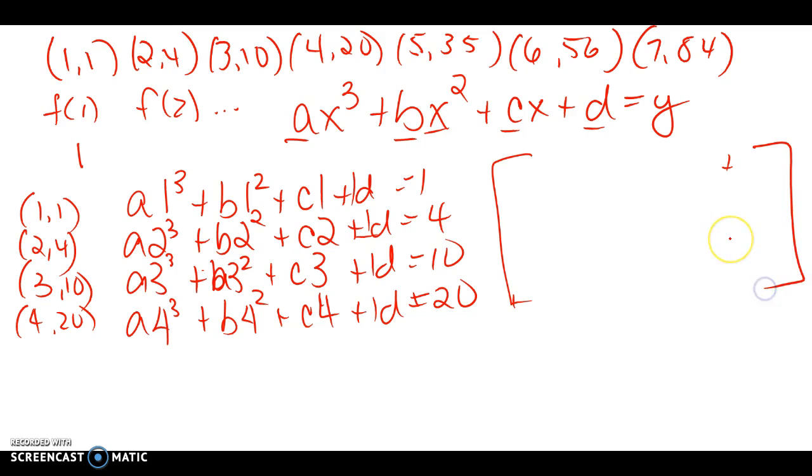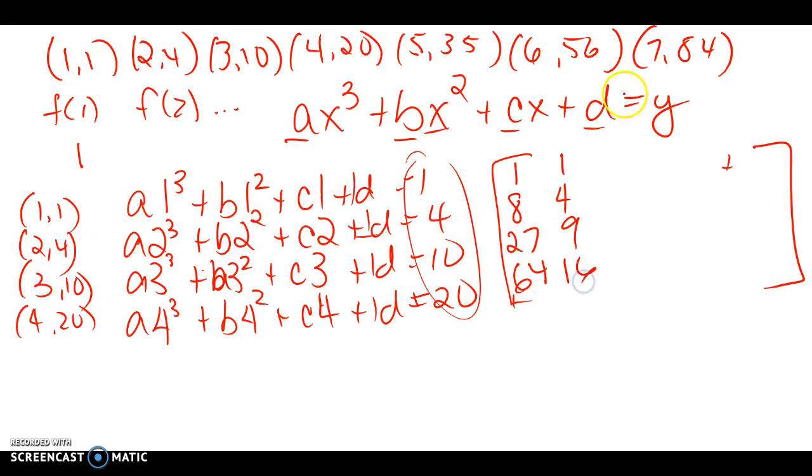So this matrix we write is the coefficient matrix plus the column of answers, right? So we have 1, 8, 27, 4 times 4 times 4, 64. Now the squared column: 1, 4, 9, 16.